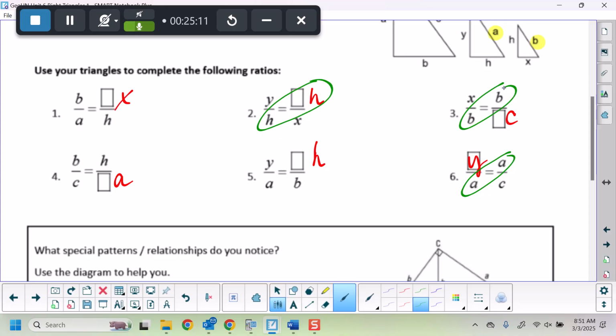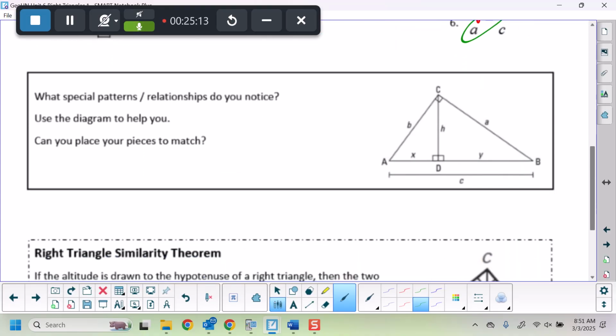So when we look at our notes and we talk about what special patterns or relationships we notice, the conversation is about H doing double duty and about A and B doing double duty. This side H is listed twice. This altitude to the hypotenuse of a right triangle is both the long leg of the small triangle and the short leg of the medium triangle.